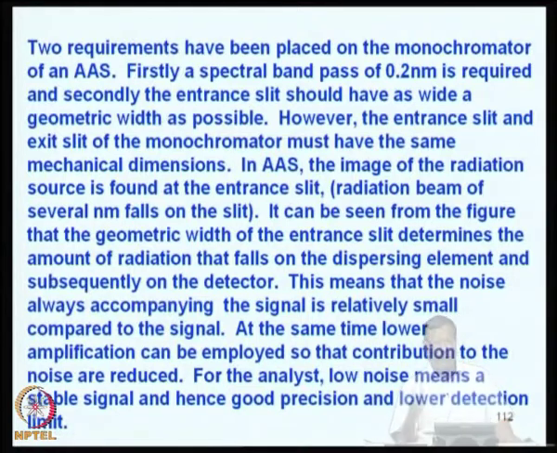What I wanted to convey at this stage is, as can be seen from the figure I have already shown you, the geometric width of the entrance slit determines the amount of radiation that falls on the exit slit, and subsequently on the dispersing element like prisms and gratings, and subsequently onto the detector also.